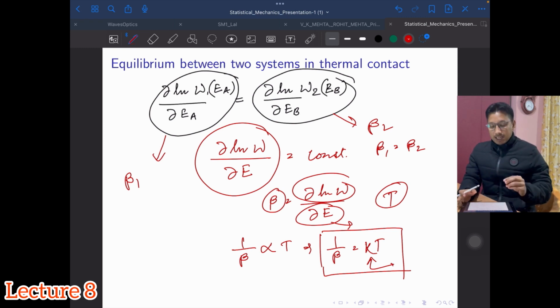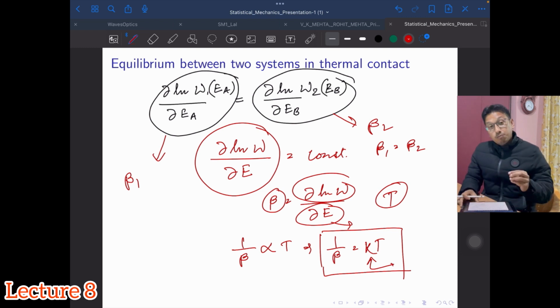Whereas from the statistical point of view, the equilibrium state is that state where the probability is maximum, the thermodynamic probability. So there has to be some kind of connection between these two things, because we are talking about the same equilibrium state of the system.